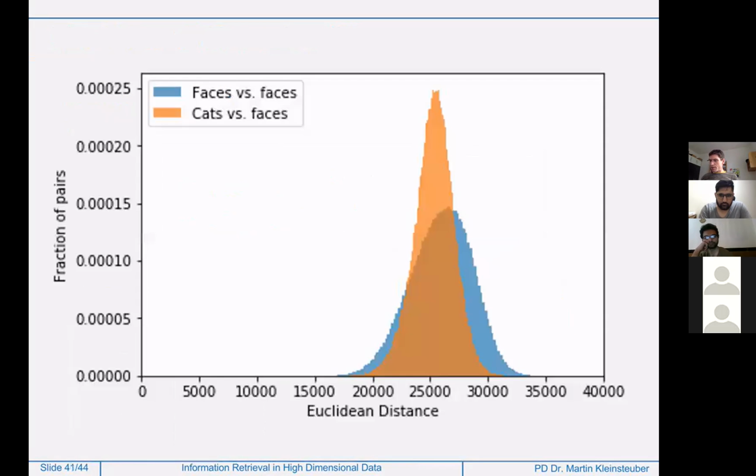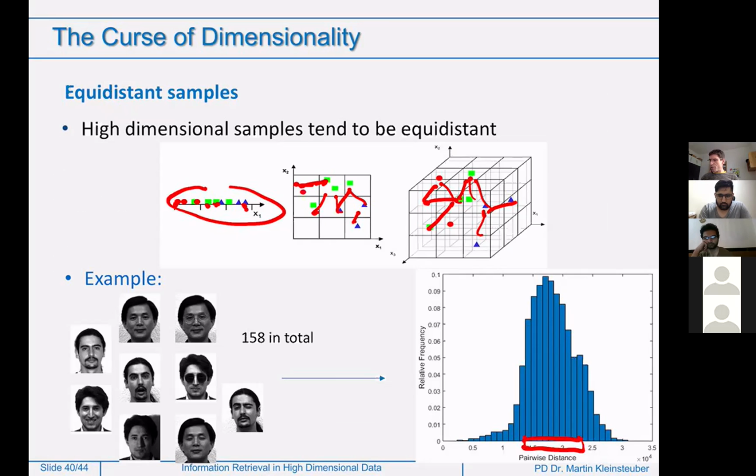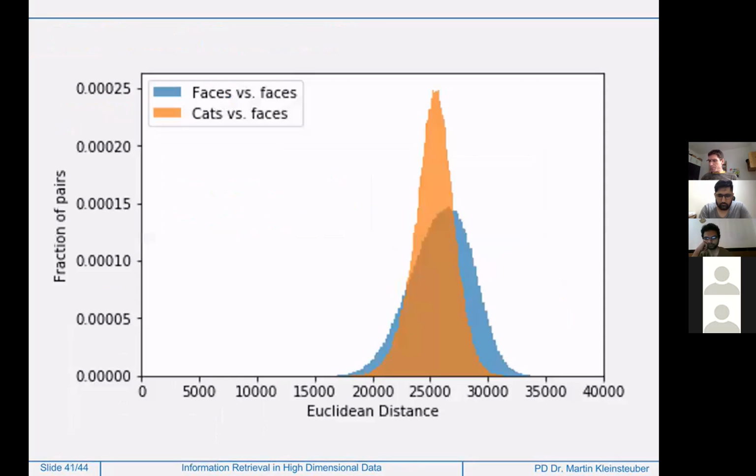So that should reflect this phenomenon with real data. And that's also an interesting plot, because if you have cats instead of faces, and you plot the pairwise distance of cats versus faces, it even carries less information than faces versus faces.